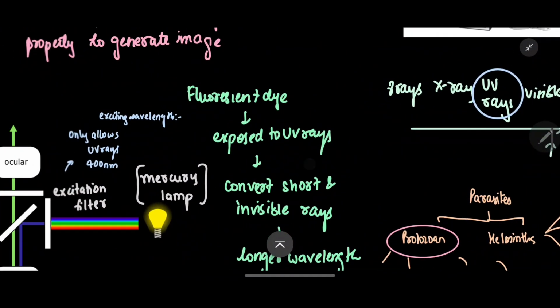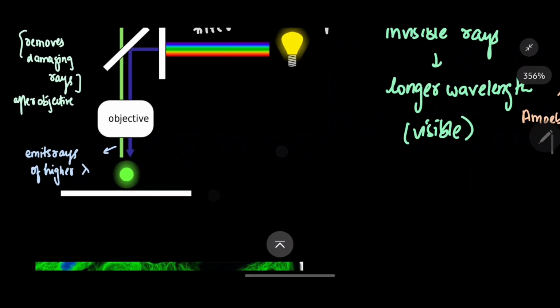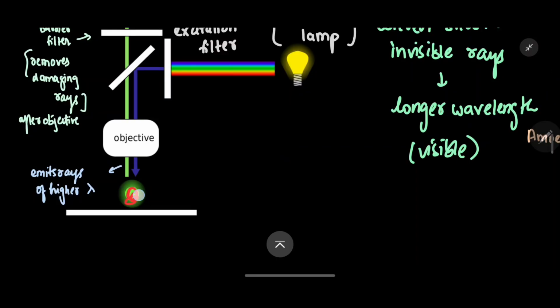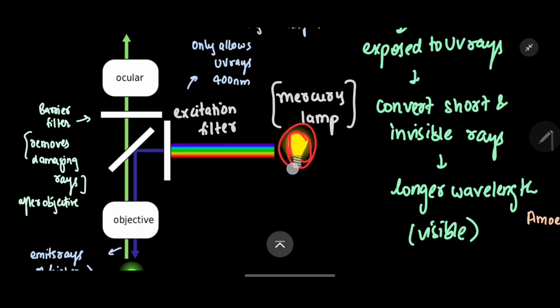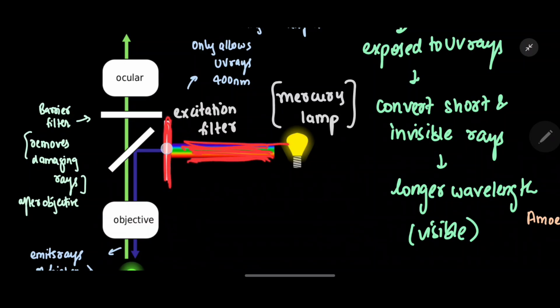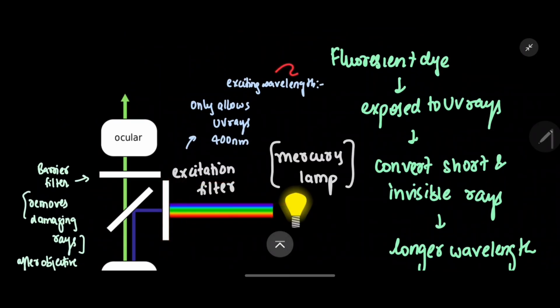First we have our specimen that is colored with fluorescent dyes, and we have a light source. Our light source will be something like a mercury lamp, and this is going to emit different wavelengths. But then we have an excitation filter, which is only going to allow exciting wavelengths.